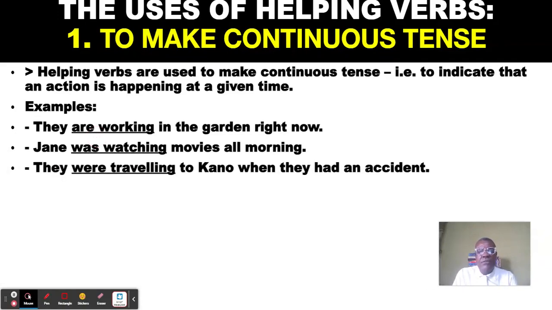They were traveling to Kano when they had an accident. Were traveling conveys the idea that the action was going on at the time the accident occurred. Their travel was in progress at the time the accident occurred.